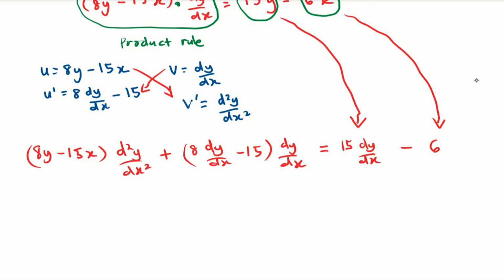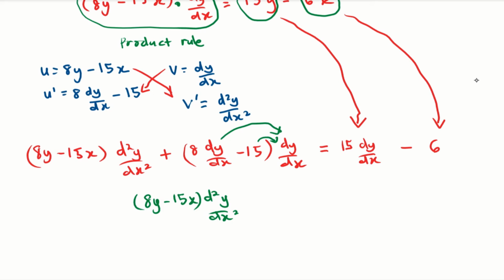So now kita boleh terus substitute ataupun kita nak susun-susun dia pun boleh. So katakanlah kita susun, kita letak yang second derivative sebelah kiri sebelum kita ganti. So 8y tolak 15x d2y dx square. This one kalau ikutkan kita kena expand.